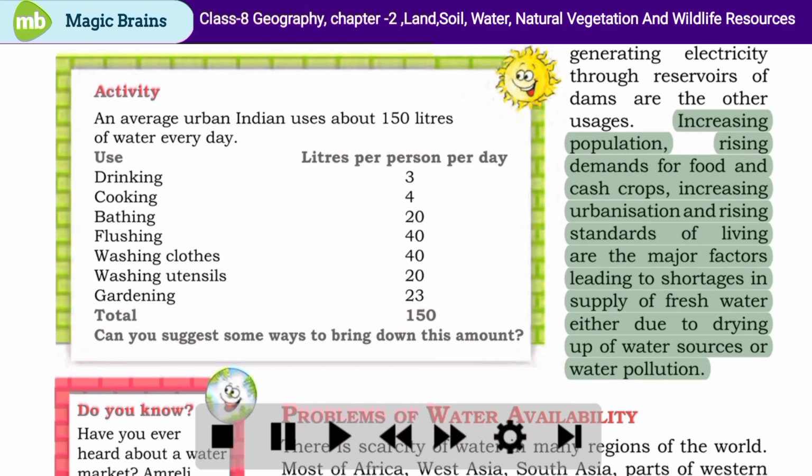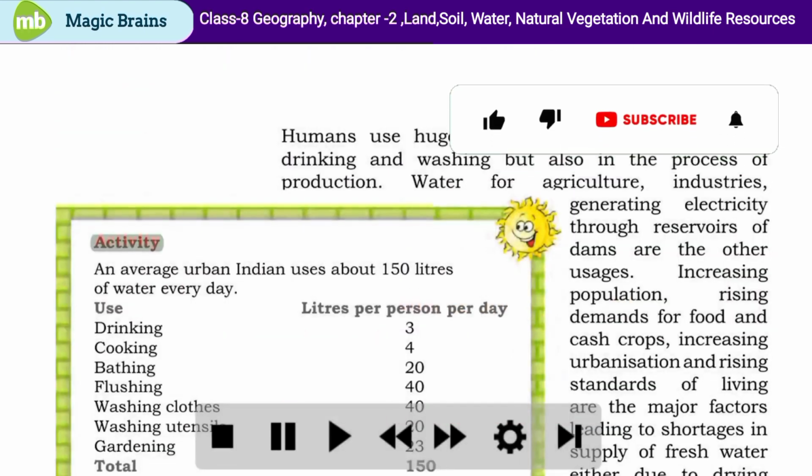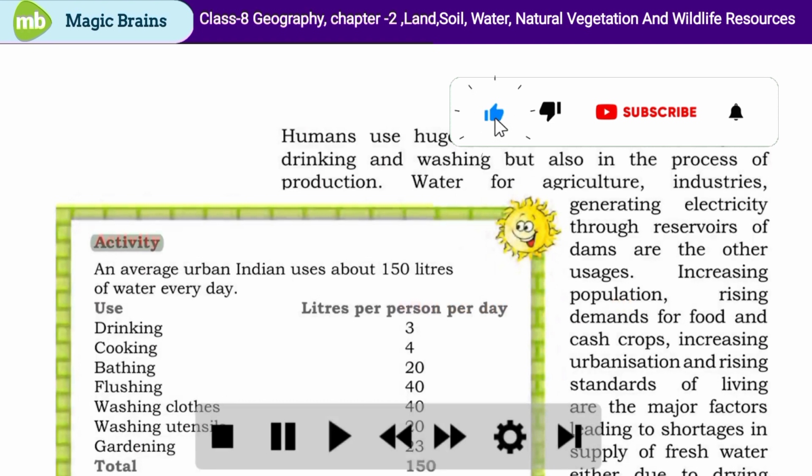Increasing population, rising demands for food and cash crops, increasing urbanization, and rising standards of living are the major factors leading to shortages in supply of fresh water, either due to drying up of water sources or water pollution. On the top left side, there is a green box which reads, "Activity."